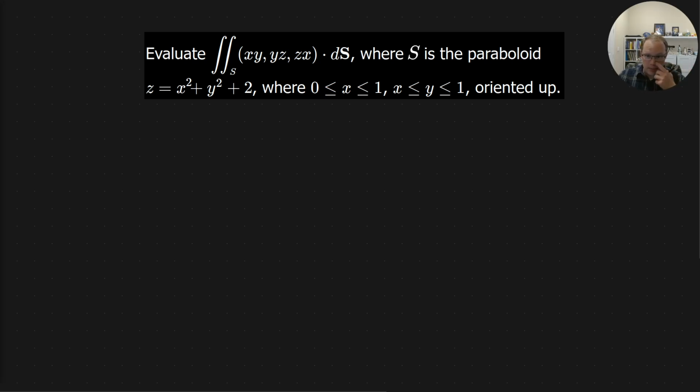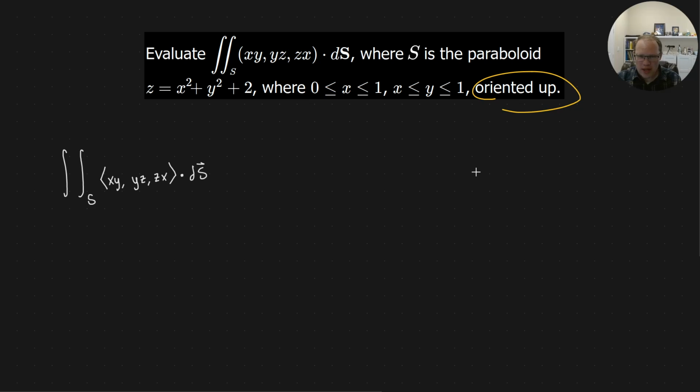Let's take a look at an example. Here we want the integral over surface S of the vector field xy, yz, zx, integrated with respect to S. And S is the paraboloid z equals x squared plus y squared plus 2, where x is between 0 and 1 and y is between x and 1.